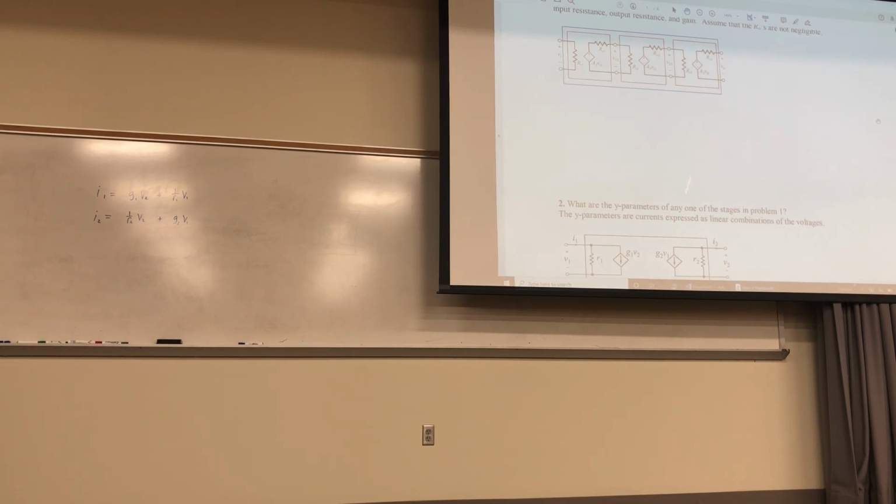You could change it and put in Norton or Thevenin, whatever you like. And this one is missing the source. So when you change this from Norton to Thevenin, that means that the voltage source is going to be 0. That's the only difference, but that's the trivial part.